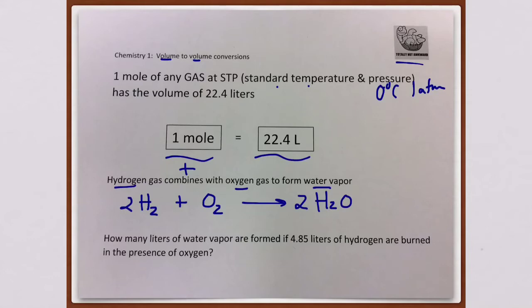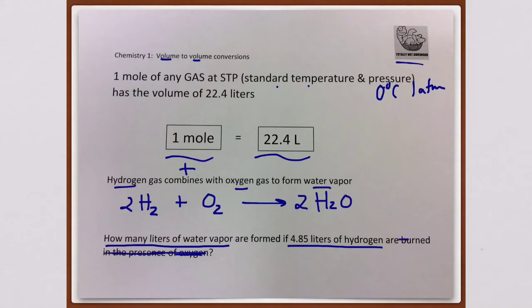So now we can go to the next part of the problem, which says how many liters of water vapor are formed when 4.85 liters of hydrogen are burned in the presence of oxygen. Now notice it doesn't give us an amount of oxygen. It really doesn't. So we can just make that go away.